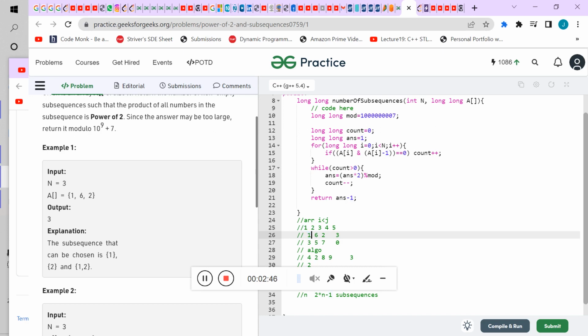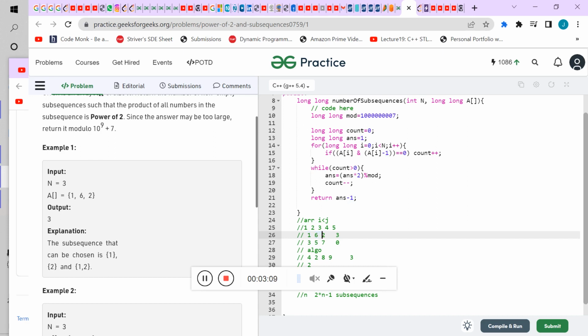So it will increase my count by 1, where count is the number of subsequences that satisfy the condition, that is the product of all the elements in the subsequence should be a power of 2, right?